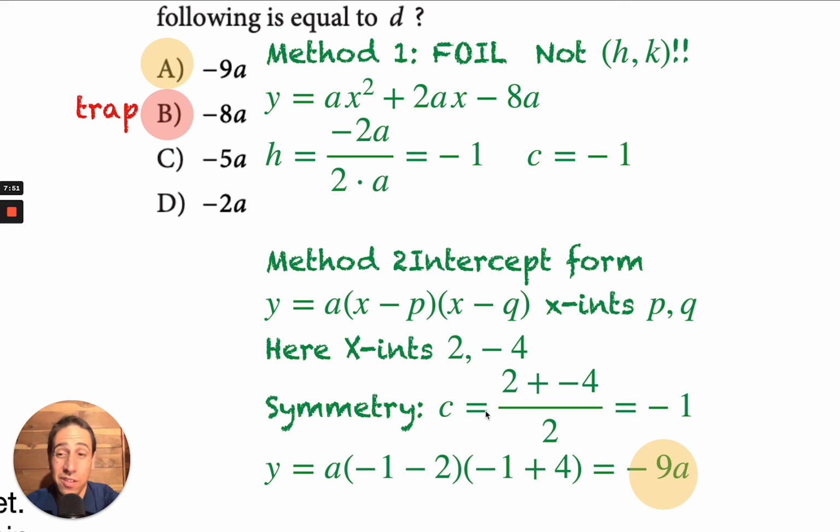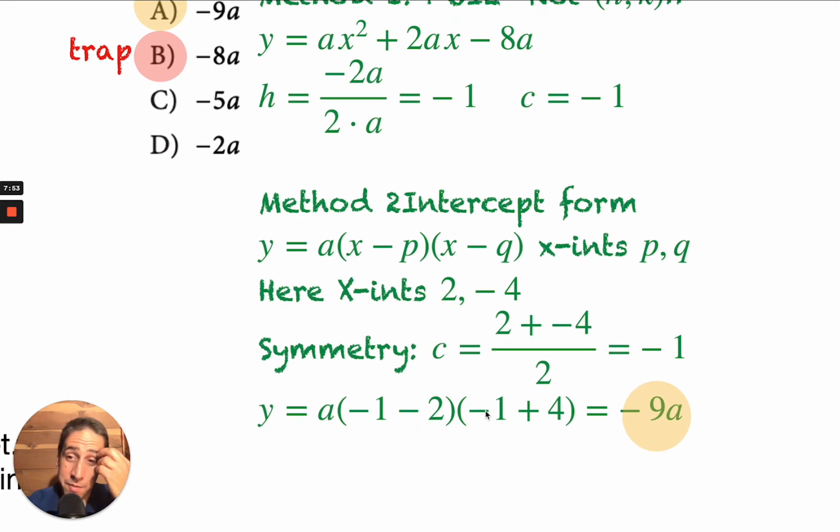And if you're a little savvy, you could say, wait a minute, halfway in between the two would be where the vertex is. By symmetry, a parabola is symmetric, so halfway in between the two intercepts is where you're going to find the vertex, or at least the line of symmetry. That c value is going to equal 2 plus negative 4, averaged out: add them up and divide by 2, and the midpoint, the x value that's halfway between, is negative 1, which is as we calculated before.